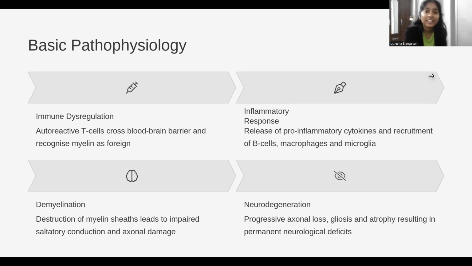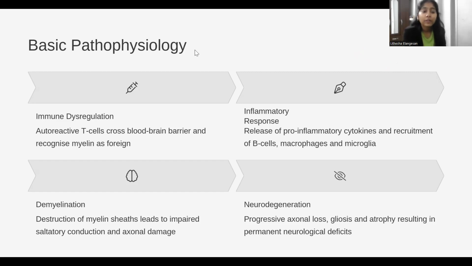Microglia is a type of cell that identifies any inflammation that's present. And this causes demyelination, where the myelin sheath that covers the neurons is destroyed. Because of this, saltatory conduction, which is the process by which impulses are transmitted across neurons, will be impaired, which means impulses will not move as fast. This causes axonal damage because the myelin sheath covers the axon. So when the myelin sheath is destroyed, this causes damage to the axon as well.